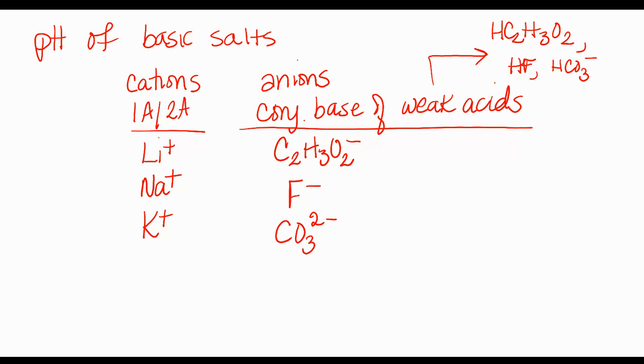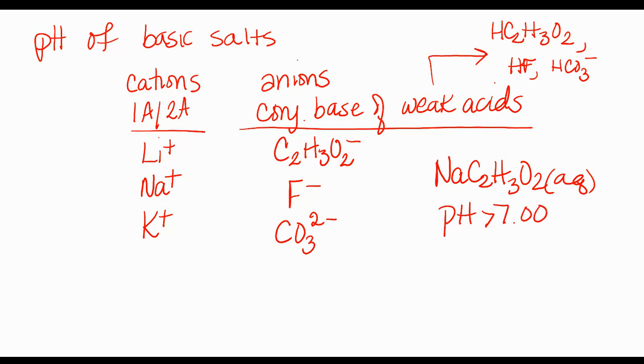So for example, if I see sodium acetate as my salt, then I know that its pH is going to be greater than 7 because it is sodium ion with acetate.